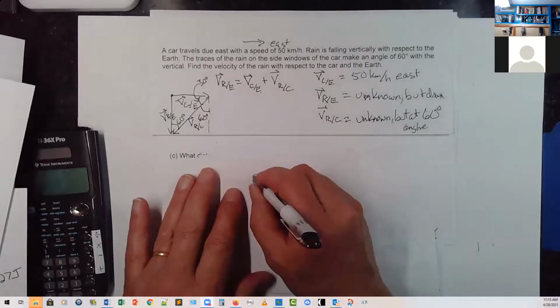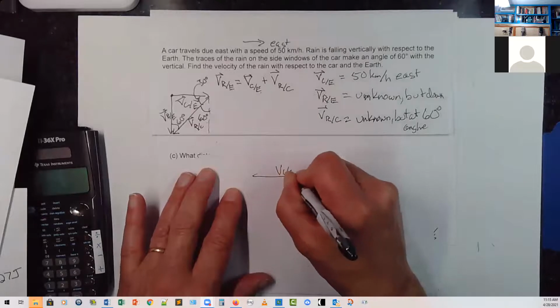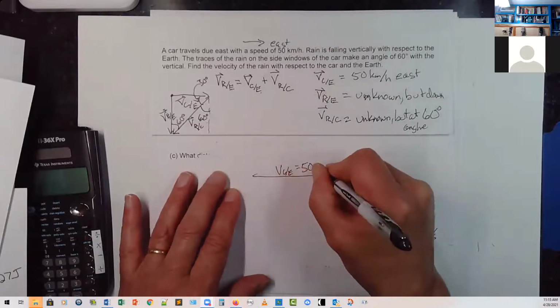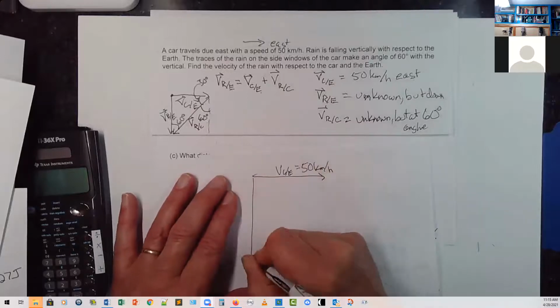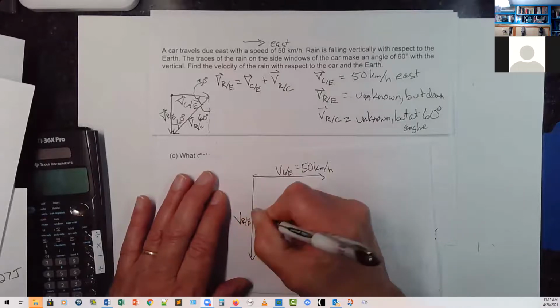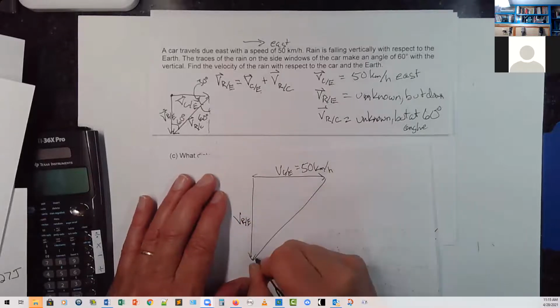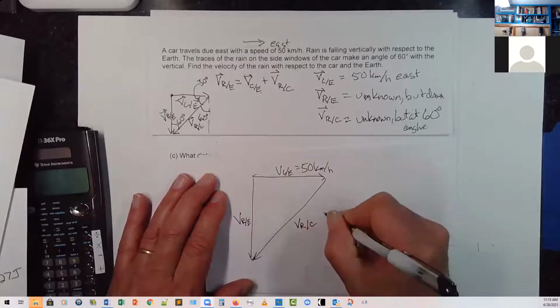Here is the velocity of the car with respect to the earth, which is 50 kilometers per hour. This is the velocity of the rain with respect to the earth. This is the velocity of the rain with respect to the car.